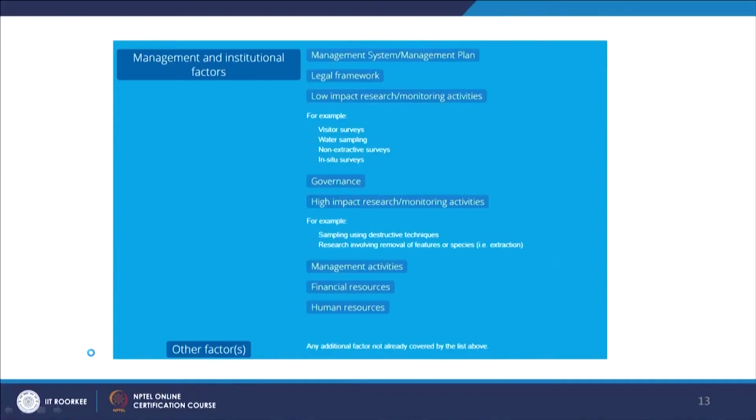Apart from the natural and the political processes, there are also the management and institutional factors. What kind of legal framework operates within a country, at the national level and at the local level, what kind of surveys, what kind of sampling they have done, what kind of governance management systems, and also how they can monitor the research, like in the case of Bhojpur, when they identified the maps which are actually embossed on the floor, on the rocky surface.